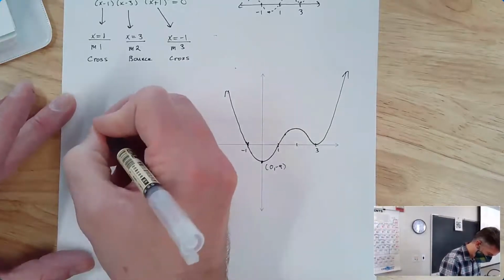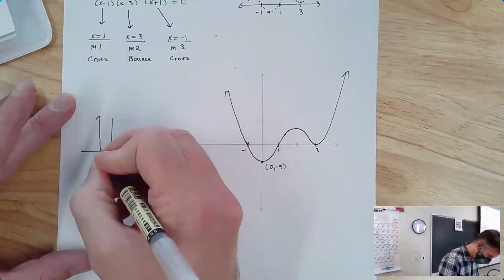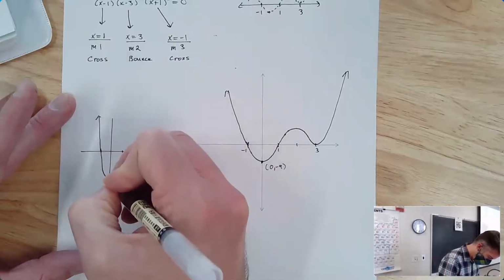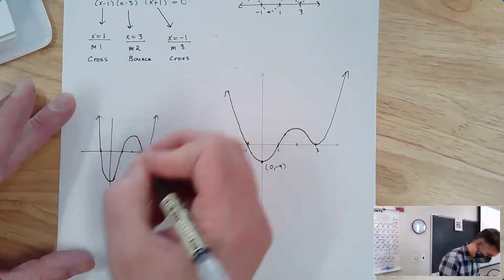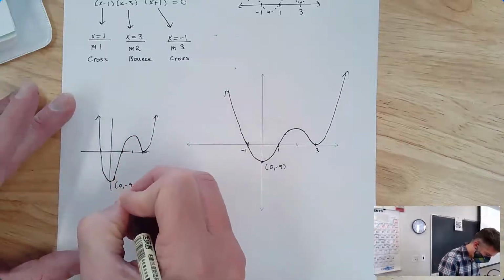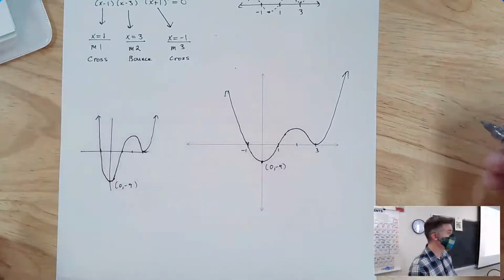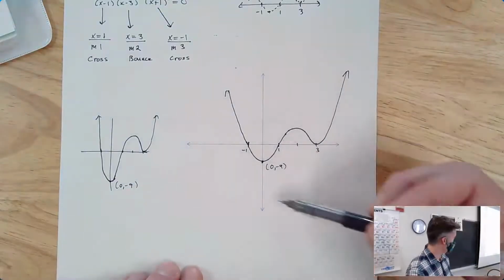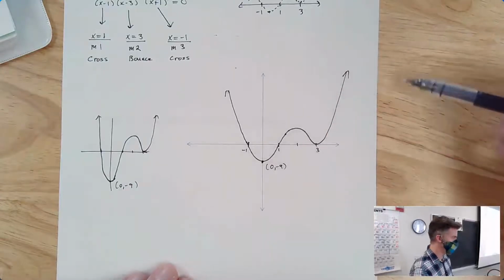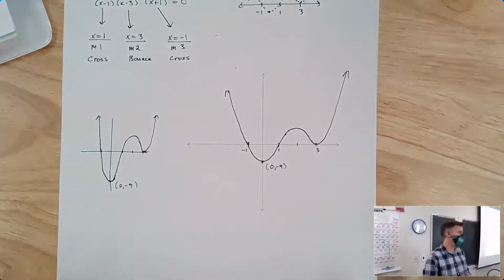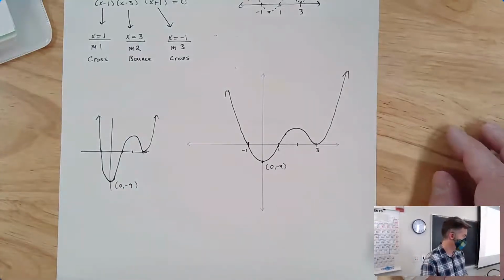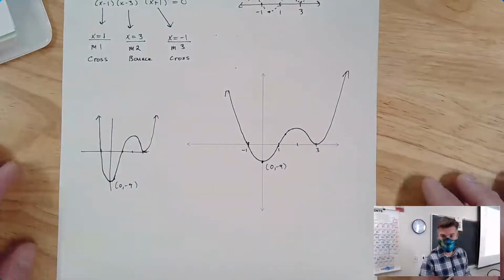I might have said, okay, I'm gonna start more like up here, kind of come down very steeply, and then do like that, and then like that. That looks a little bit more realistic as far as being -9, but it's not super important. This graph would totally get all the credit you could possibly get for graphing something like this. So don't worry too much about the y scale being right on. It doesn't need to be. Okay.